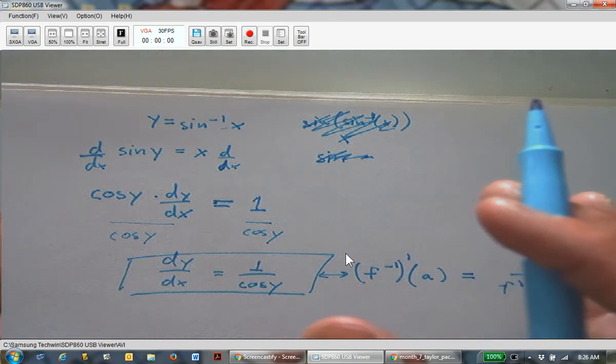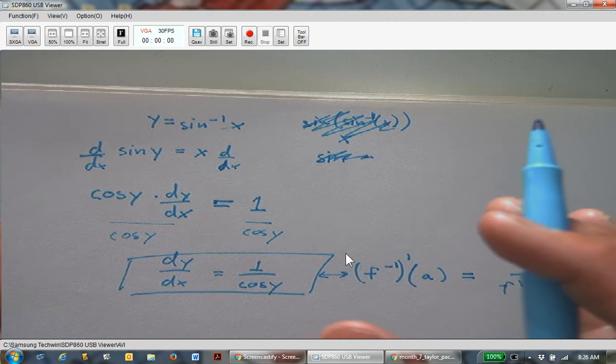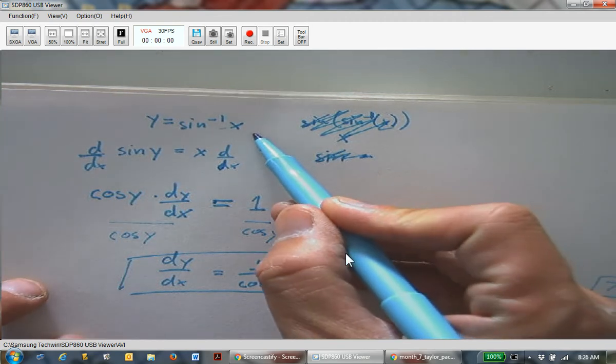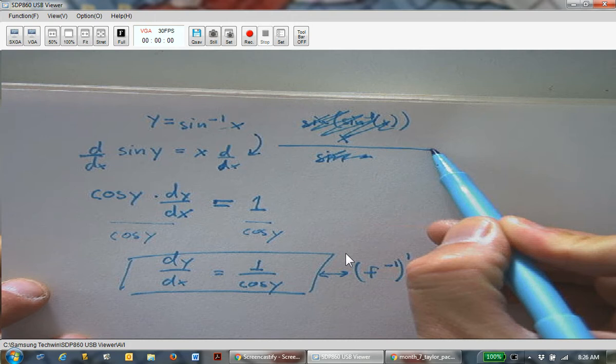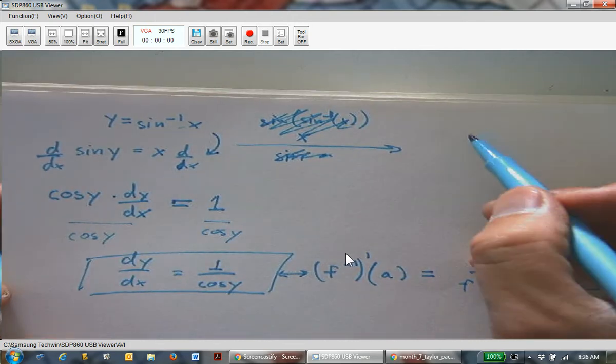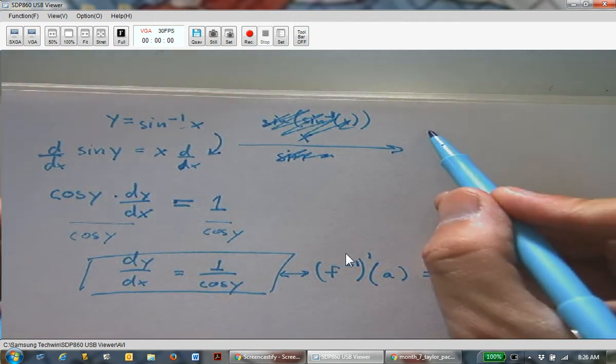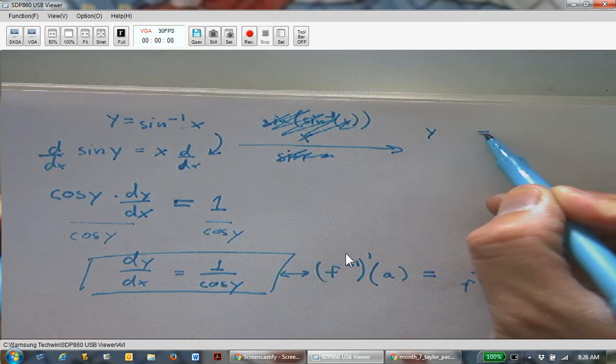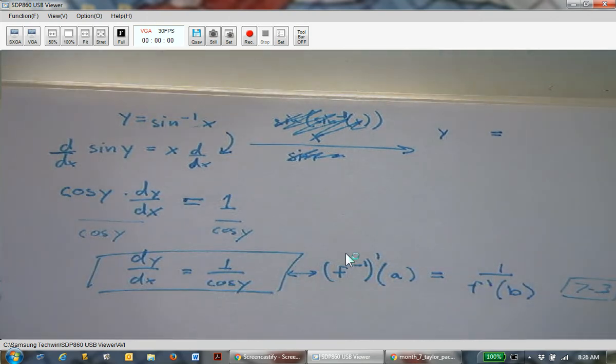Can you just write out all the steps of how you got from 1 to 2? Okay, so let me show you. Here's how I did it. Maybe it helps if I took a different colored pen.